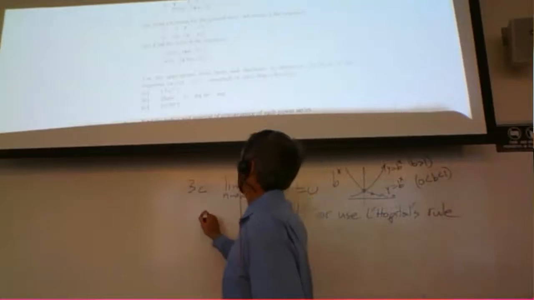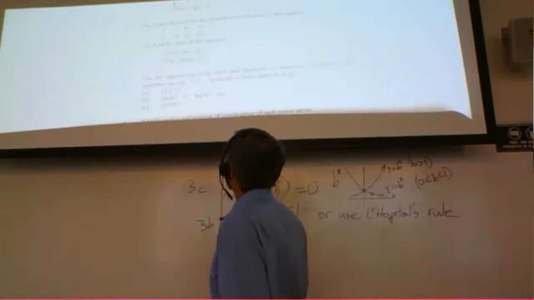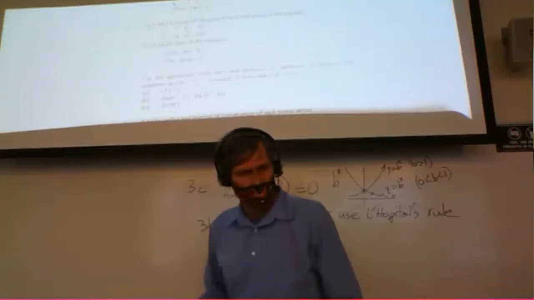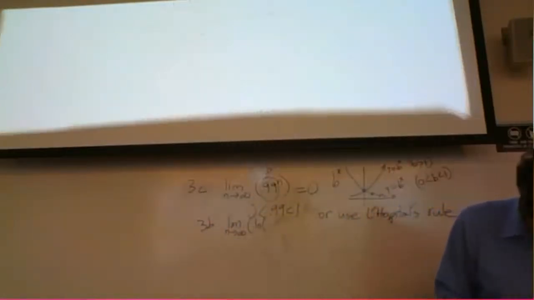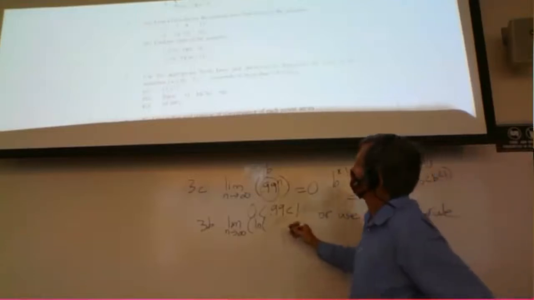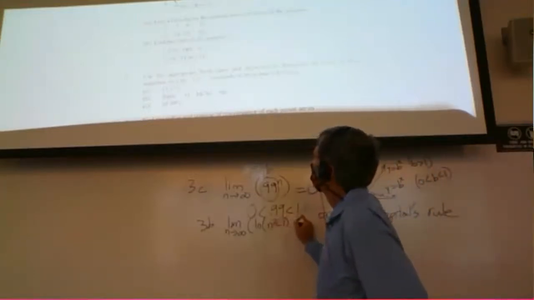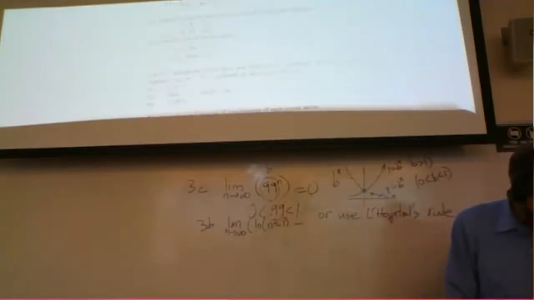On 3b, then, suppose I have the limit as n goes to infinity of ln of, this thing got messed up, didn't it? N squared minus 1. I was trying to make sure it wasn't wrong there. N squared minus 1 minus, I think. Messed it up when I knocked that off, didn't I?